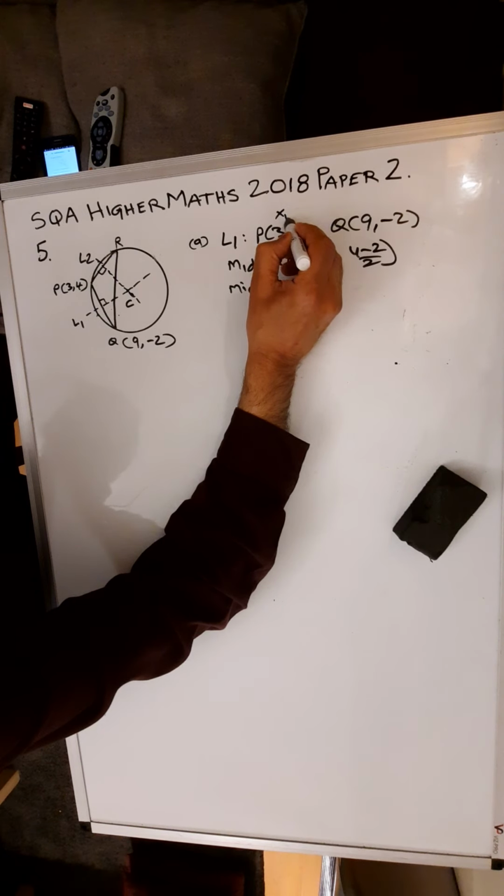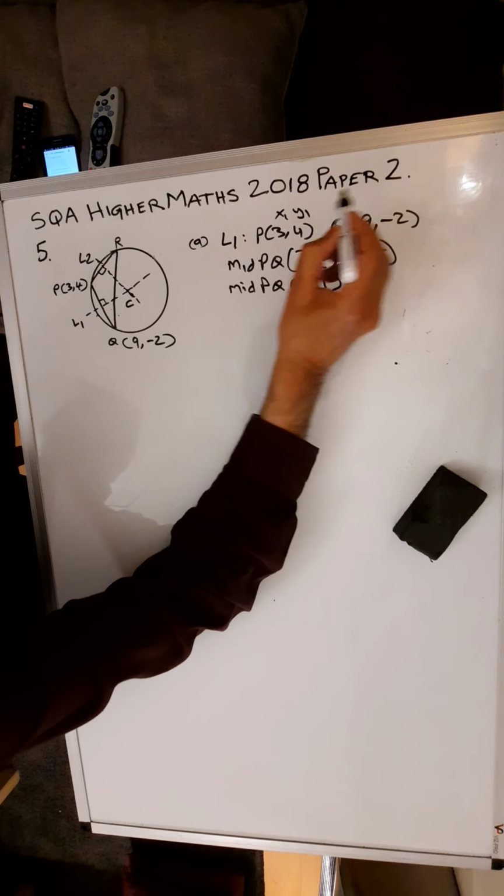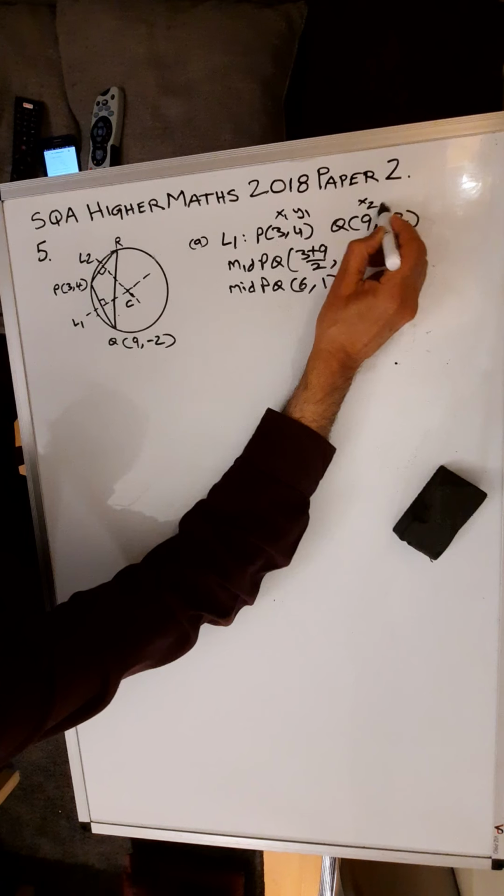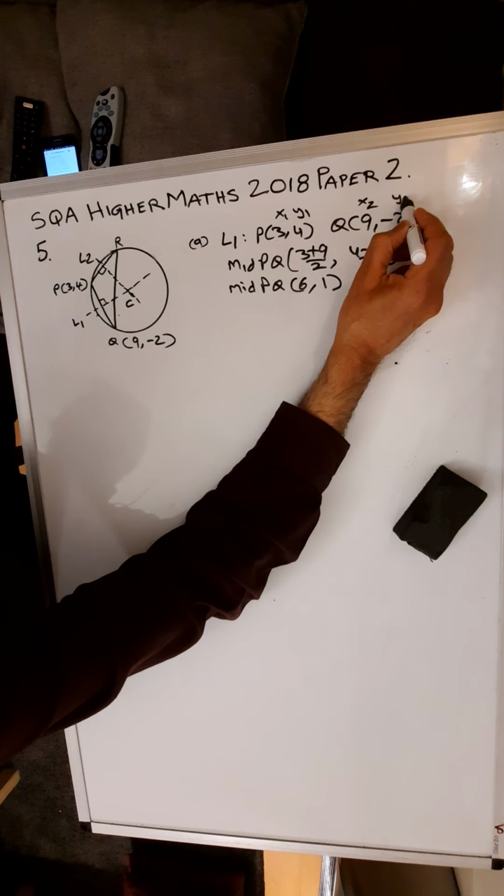For that, (x1, y1) is (3, 4), and (x2, y2) is (9, -2).